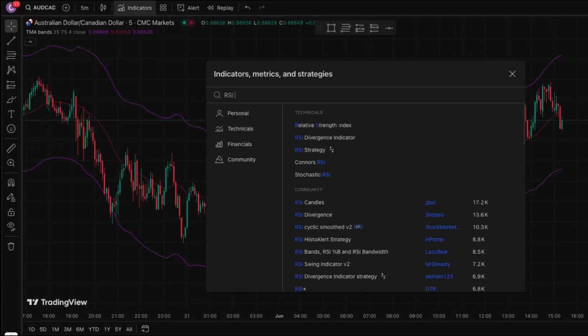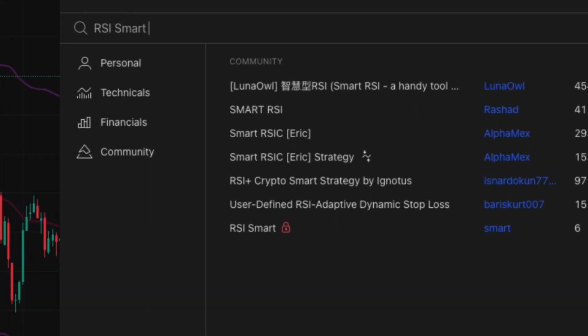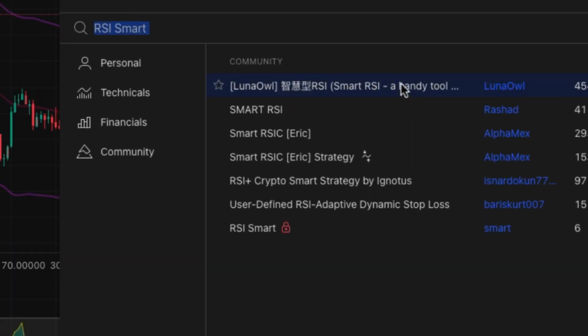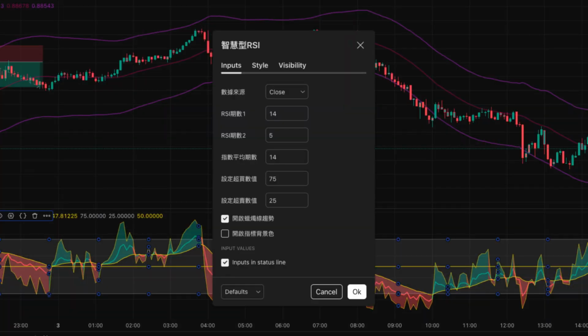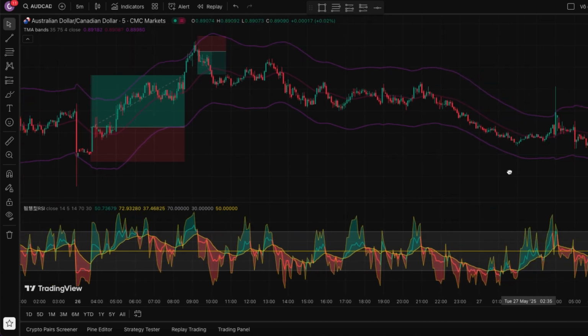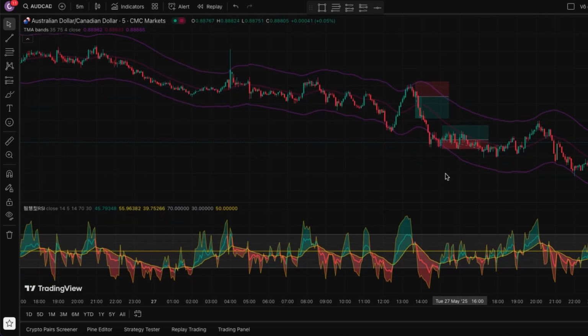Next, we'll add the Smart RSI, a custom version of the traditional relative strength index. You can leave the settings at default, levels set between 25 and 75, or, if you prefer more conservative entries, use 20 to 80. Now here's the smart part. The RSI line changes color depending on market conditions.